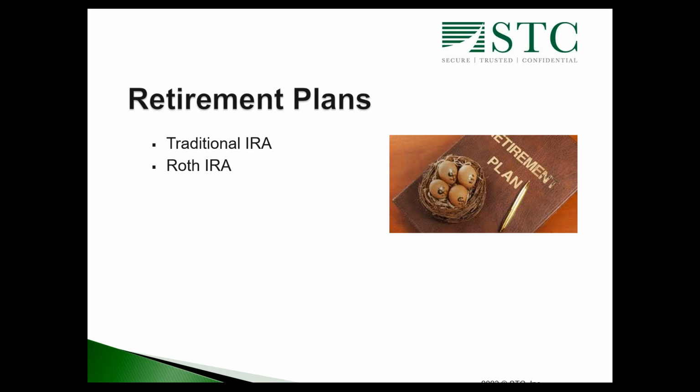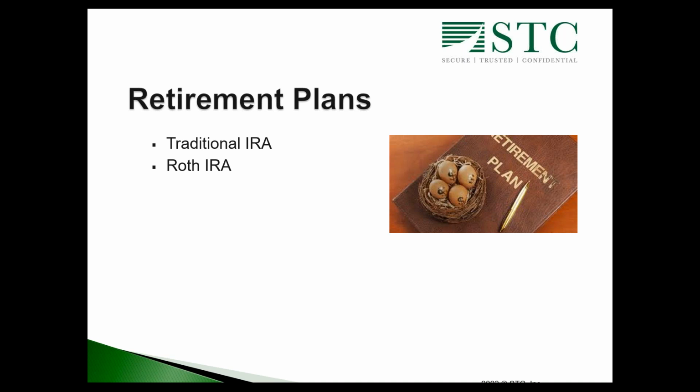For 2022 earnings, it was $6,000 and a $1,000 catch-up, so a maximum of $7,000. So it did increase $500. The catch-up didn't increase. The actual regular contribution increased to $6,500. So just something to keep in mind.